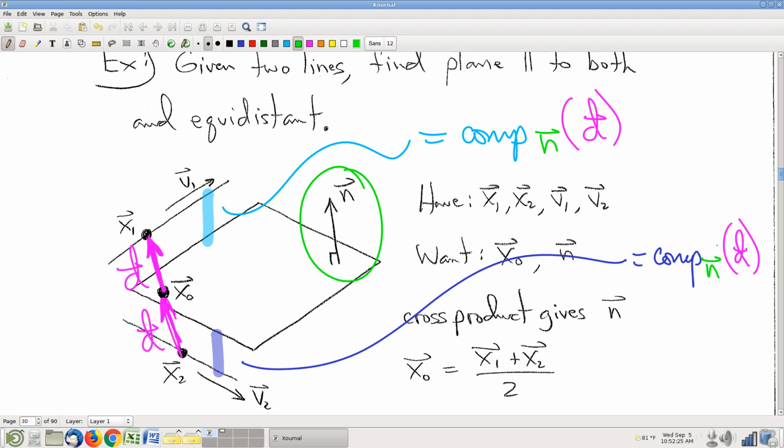Everybody happy? Yep. I'm confused by the x's being labeled as vectors of the points. Well, so remember, points and vectors are kind of, there's this relationship between them, right? You can, if you want, think of every point in Rn as being represented by its position vector, right? But on the other hand, points are locations.